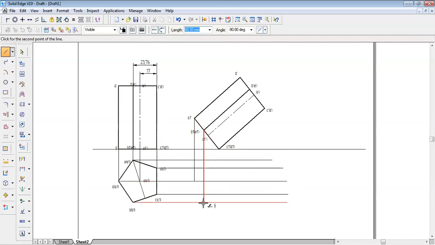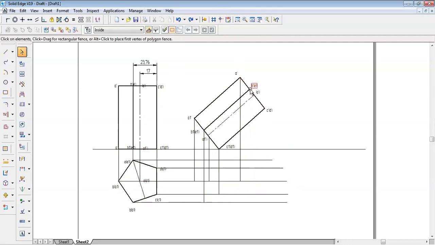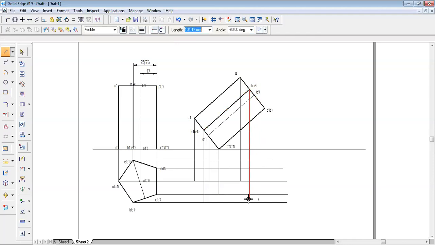Then B and D come here, then O the middle point, then C and D to here only, then A. Then the top face is complete, A, B and E, O, next C and D. Then mark all the sides here.